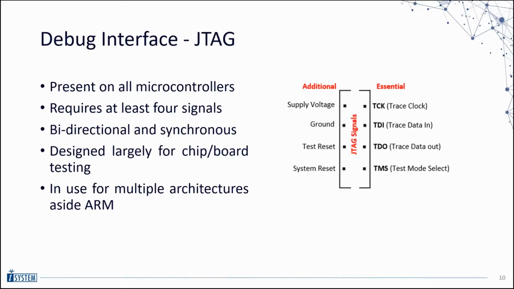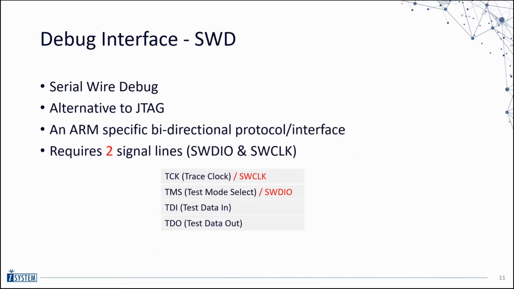Now I talk about the SWD debug interface. SWD stands for serial wire debug. Actually, this could be an alternative to the JTAG interface. SWD is an ARM-specific bidirectional protocol or interface which can be used for debug and flash operations.